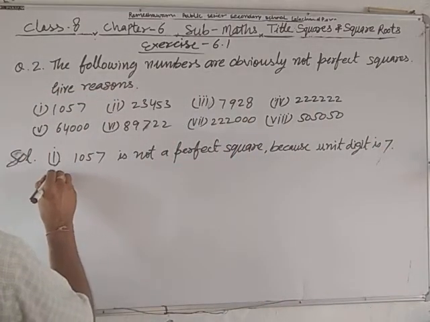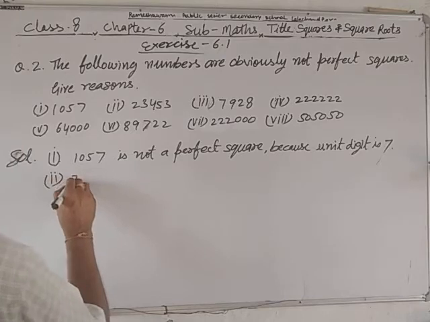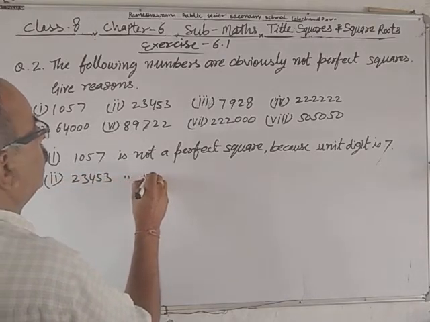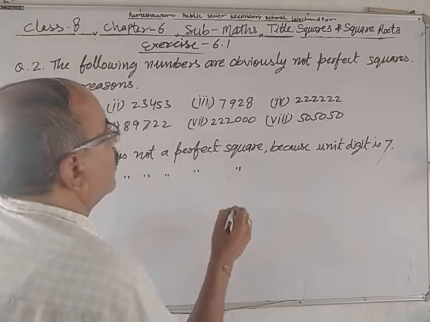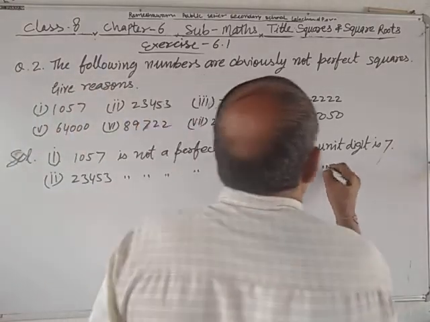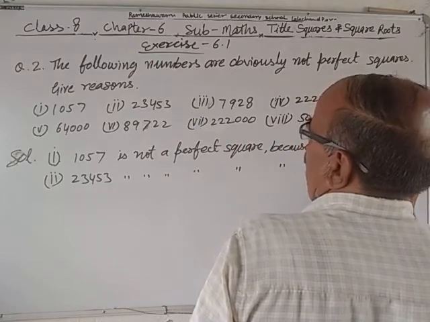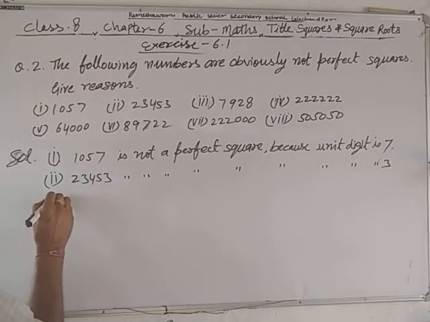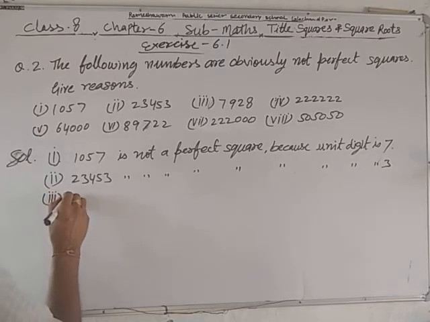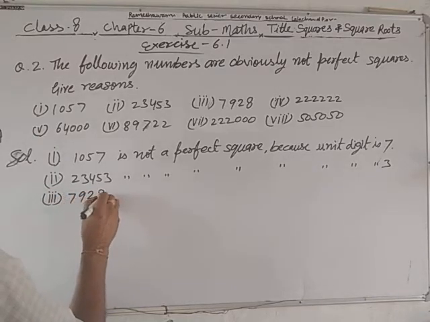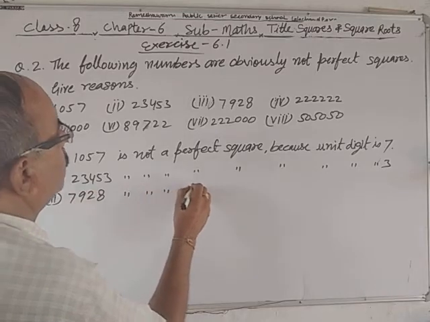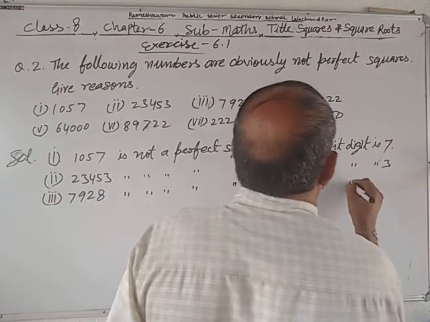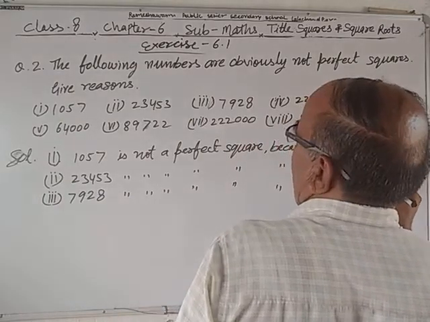Second, 23453 is not a perfect square because the unit digit is 3. Third, 7928 is not a perfect square because the unit digit is 8.